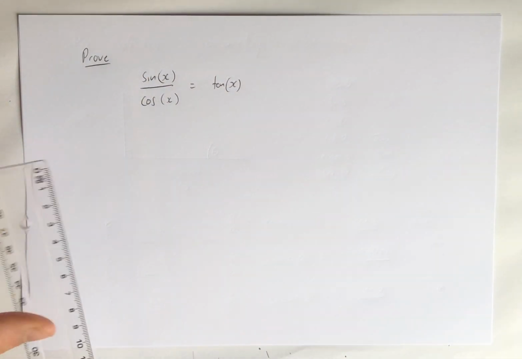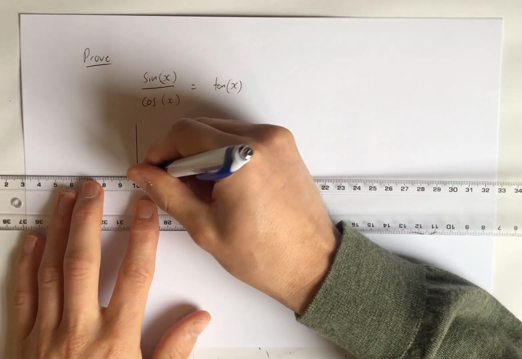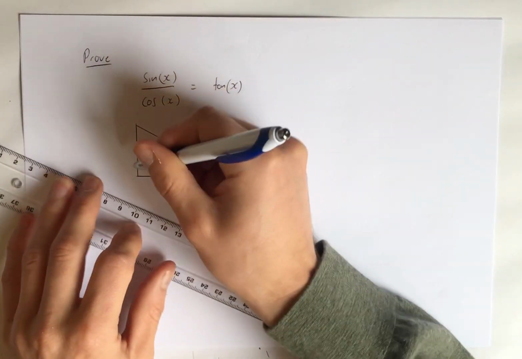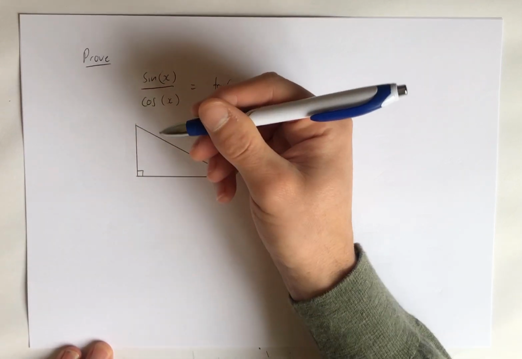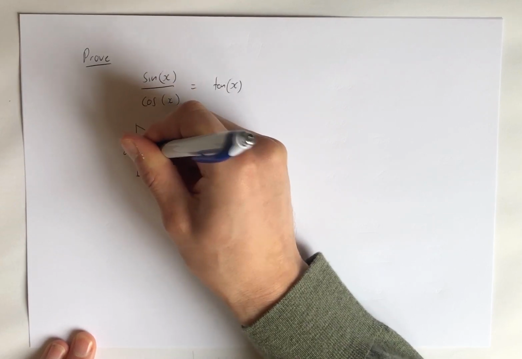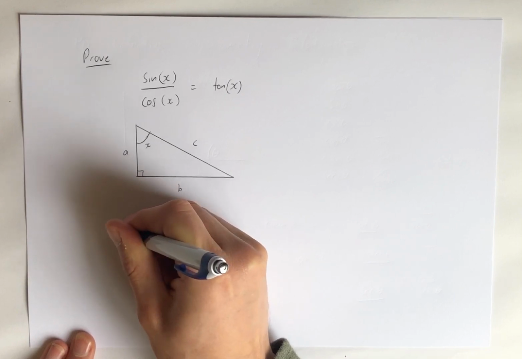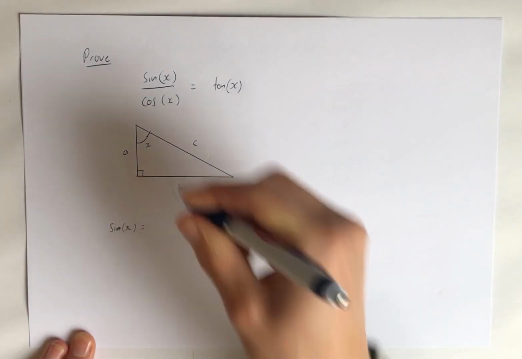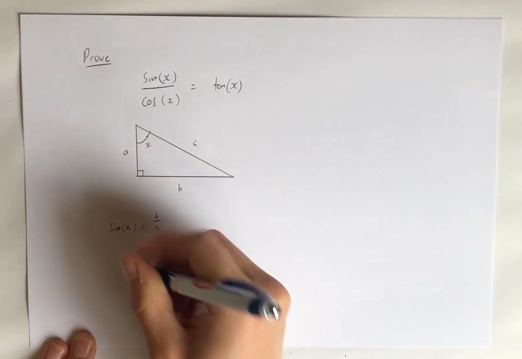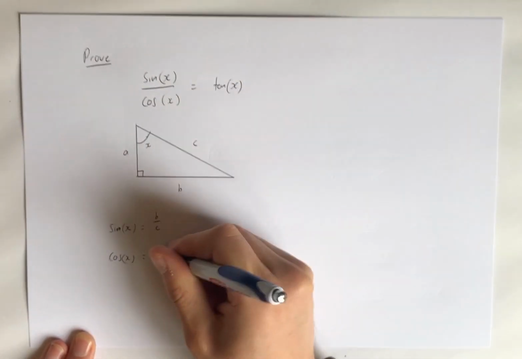Let's construct a right angle triangle. Now, let's say we have this angle x and we have sides A, B, C. Then sine of x, that's O over H, isn't it? So that's B over C. Cosine of x, well that's A over H, so that's A over C.